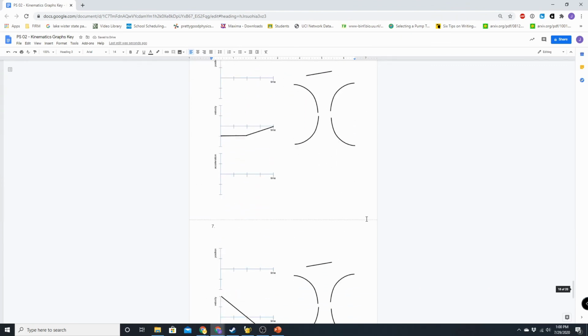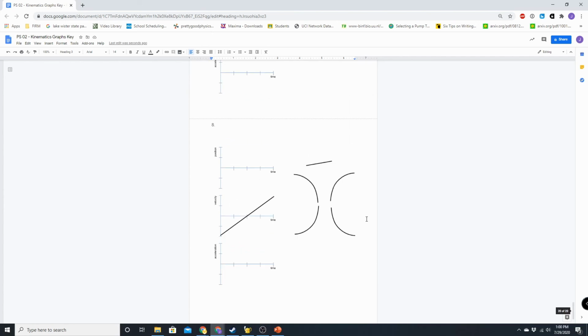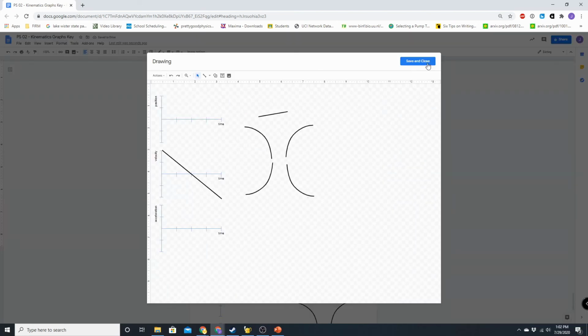Okay, let's skip way down. Let's look at this example next. We're going to look at the velocity graph and we're going to divide it into two halves. Let's look at the first half first, and let's look at the motion during this first half. So what direction is it going first?